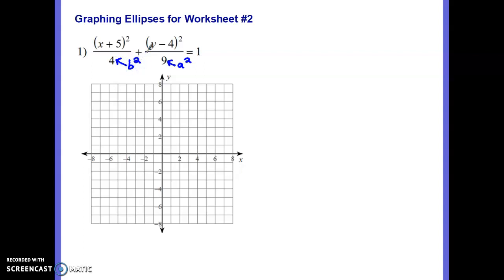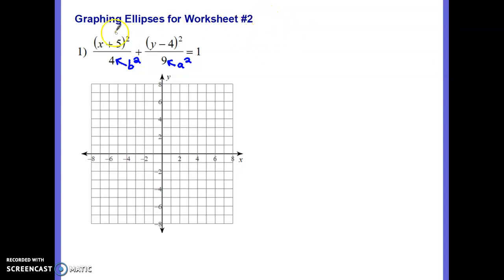Now, knowing this tells me what kind of ellipse I have, whether it's going to be equation 1 or equation 2. So when I go over here and look at my chart, I notice that for a squared to be the bigger one, and it's on the bottom of y, it has to be equation 2.